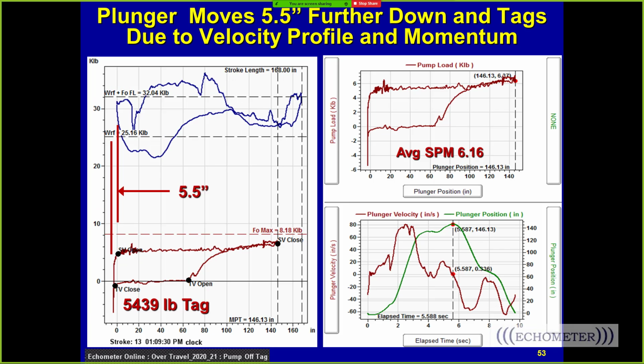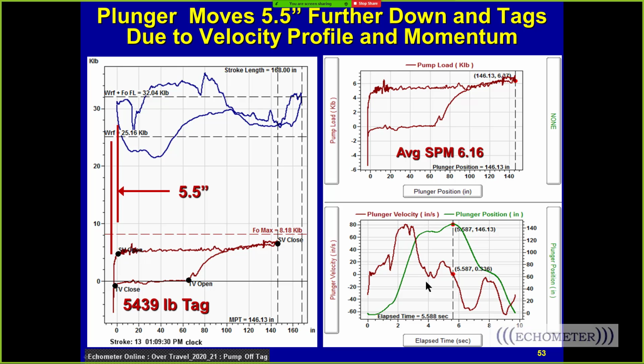All right, so here's our pump off tag. So we see that this pump card relative to the surface stroke is about 5.5 inches lower than the zero for the surface card. And we can see here that on the downstroke this load's almost the same load, and it's compressing the gas and the load's been transferred.